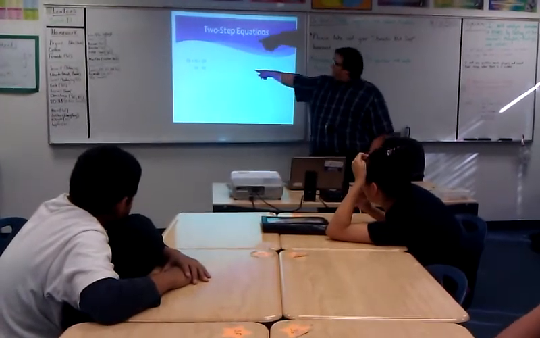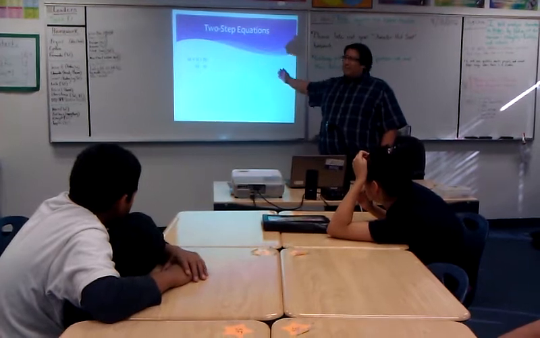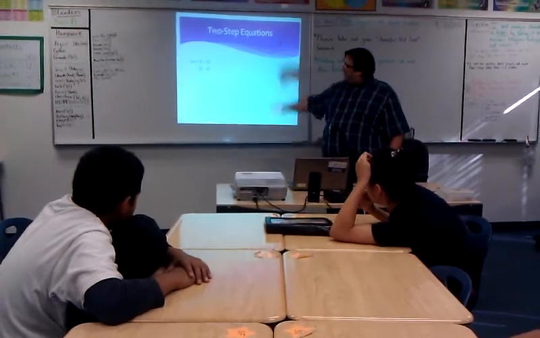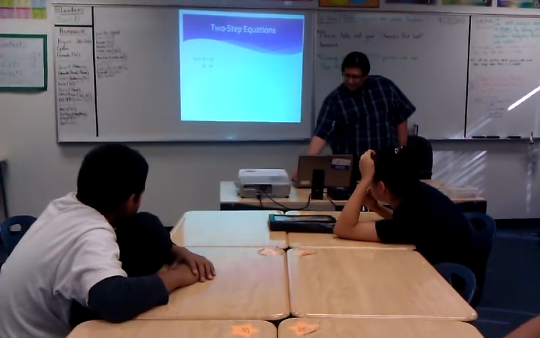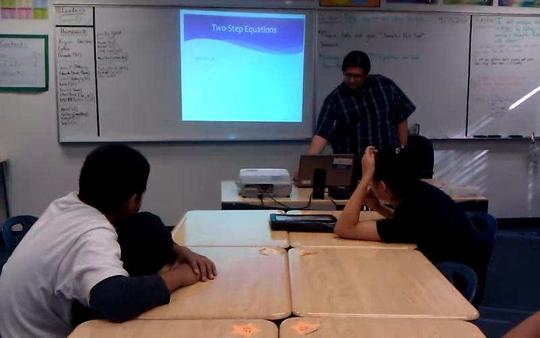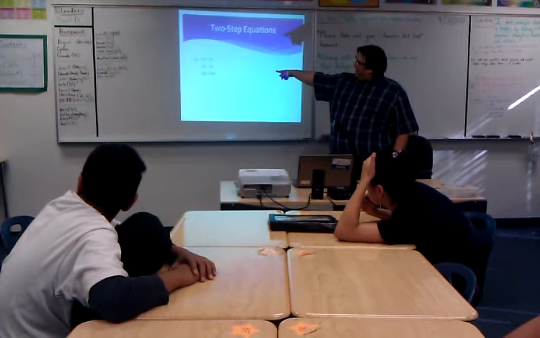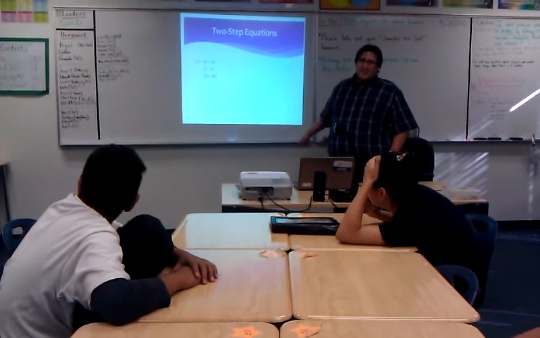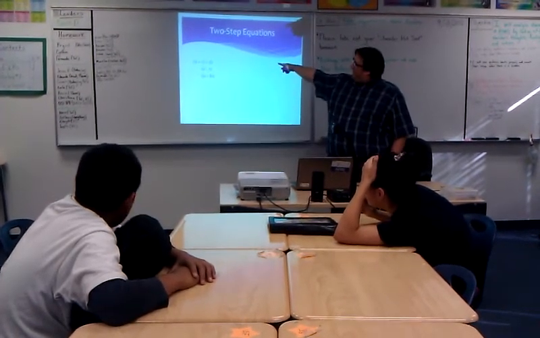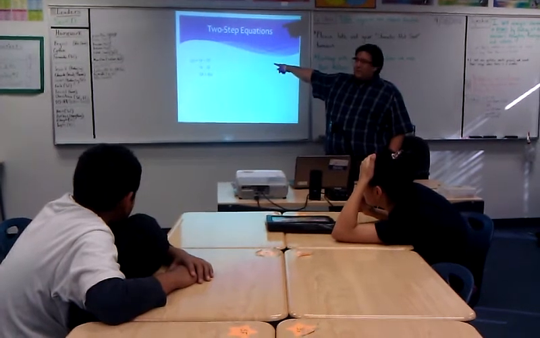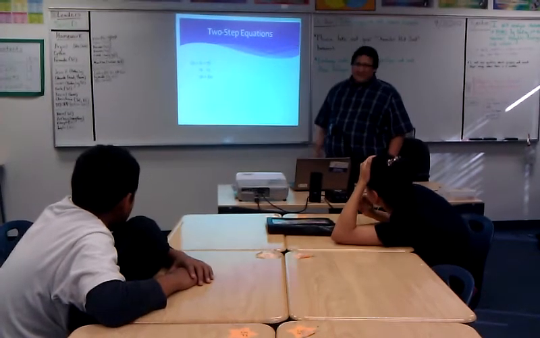So if we add negative 12 to one side, we have to do exactly the same thing to this side. Negative 12. So that means your next slide is 5x equals 60, because 72, a positive 72 integer, and a negative 12 is 60.